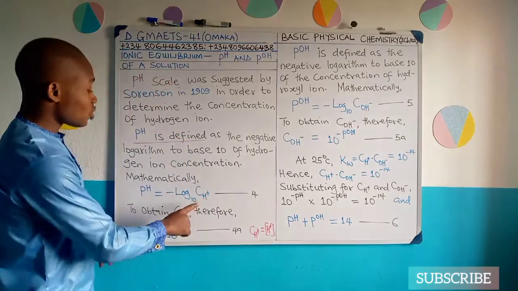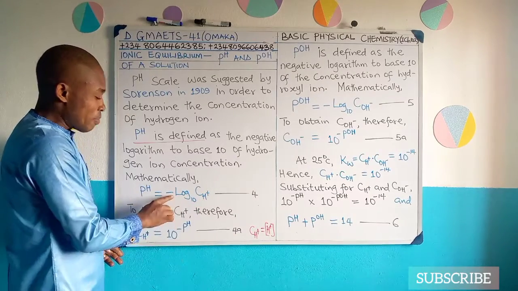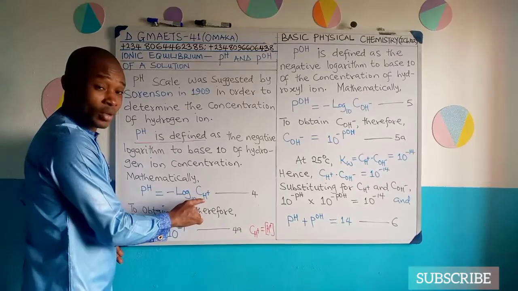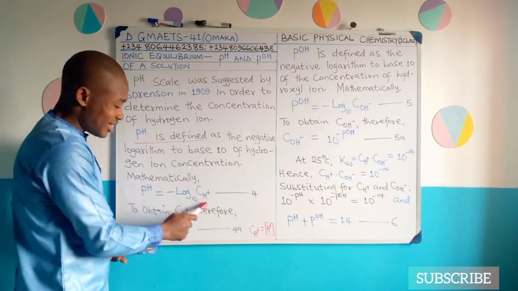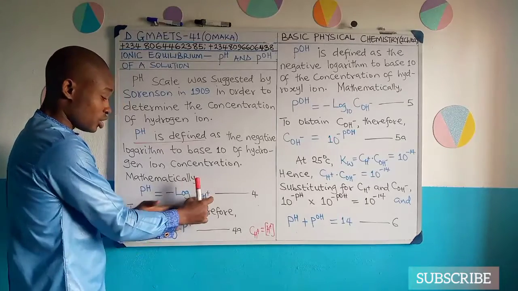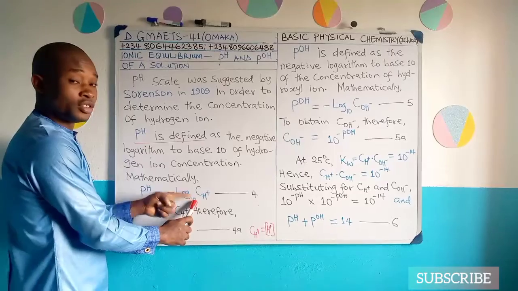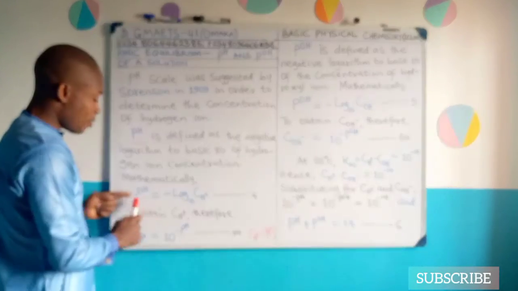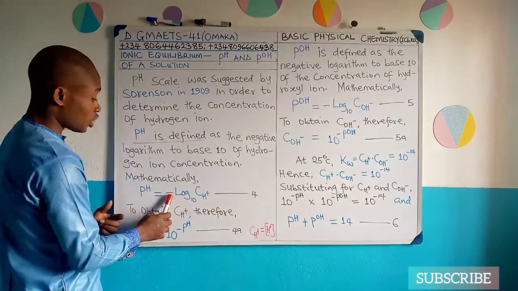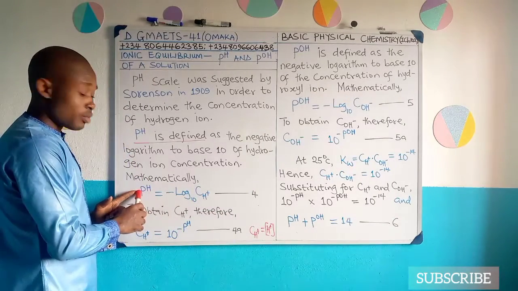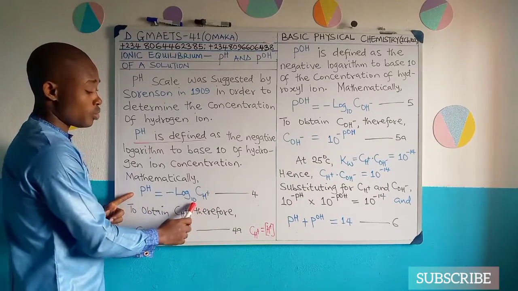On the basis of that, to get the hydrogen ion concentration here, because this is just minus log of this number, which is hydrogen ion concentration to base 10. If I want to get this number, all I need to do is to take 10 to a given power. And that power is obtained from here because, first of all, I'll transfer this minus here. I'm going to have minus pH equal to log of concentration of hydrogen ion to base 10.